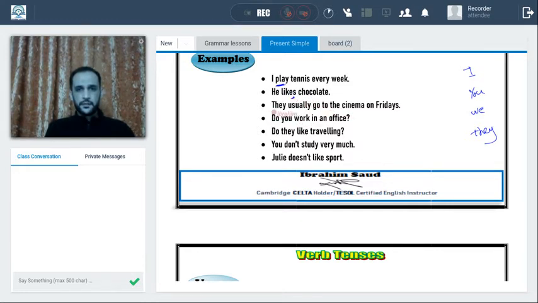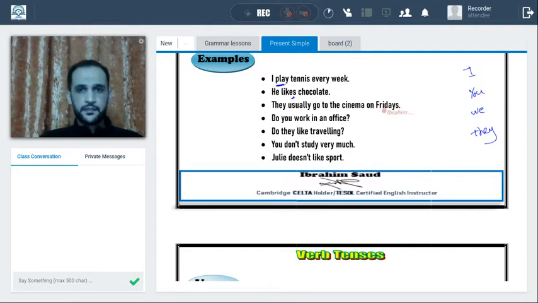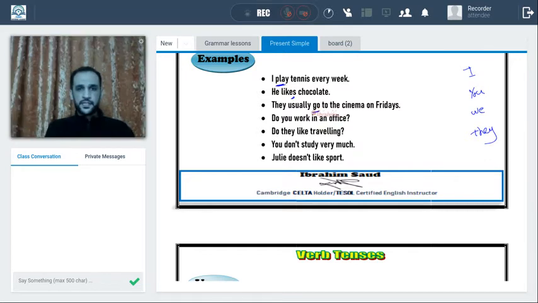And number 3, they usually go to the cinema on Fridays. Okay, in this sentence, I use go, and this is the base form of the verb because the subject is they. We have some questions such as, do you work in an office?